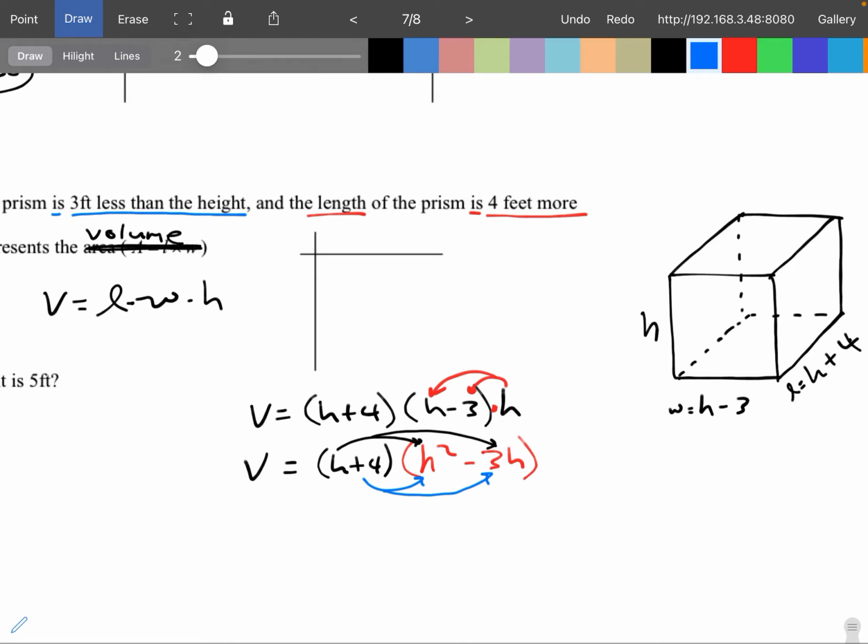So in the black, we have h times h squared. Good. And then we got h times a negative 3h. And again, that's a 1h right here. So what's h times negative 3h?